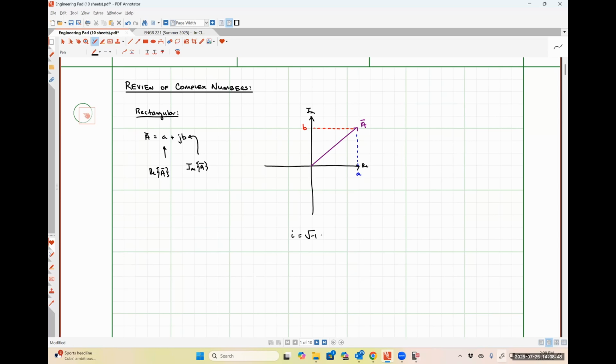So instead, we have adopted using a lowercase j to represent the imaginary operator, the square root of -1. So I'm going to use j everywhere you would have used i in your prior math classes. Are we all okay with that?